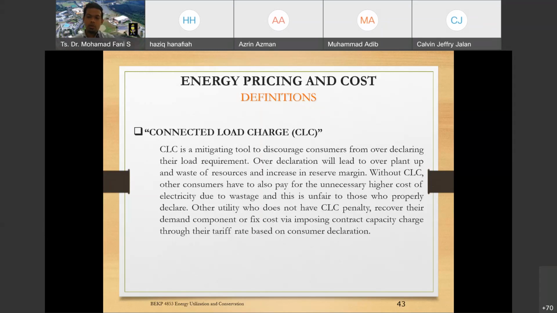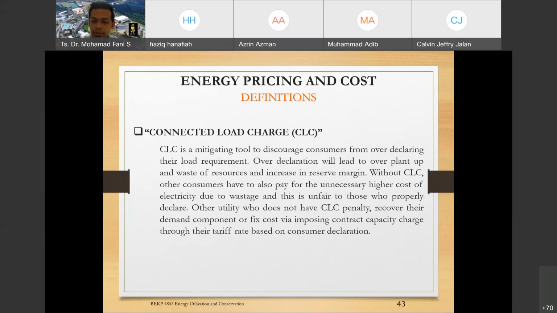So TMB will prepare another extra infrastructure to supply to your building, to your operation. If you do not use within the appropriate declaration that you have made, TMB will charge you, which is in the clause of the connected load charge.